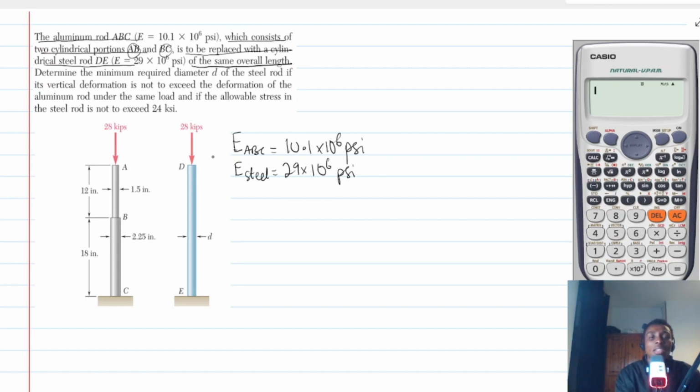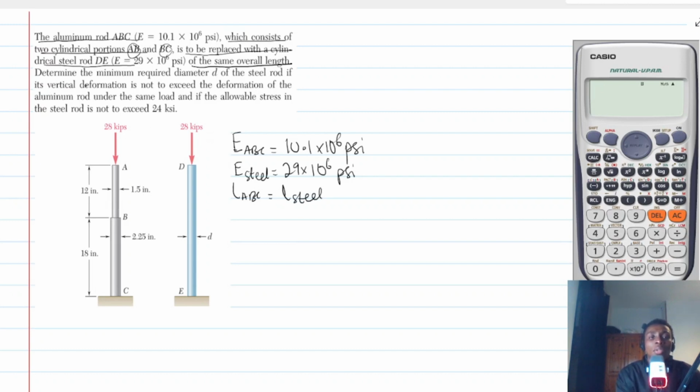So the key word here is that the length is the same. So the length of aluminium, or the ABC, even though we are going to divide it, should be the same as the length of the steel.